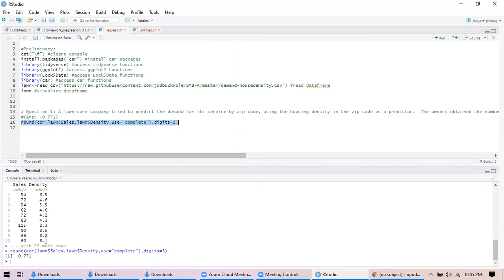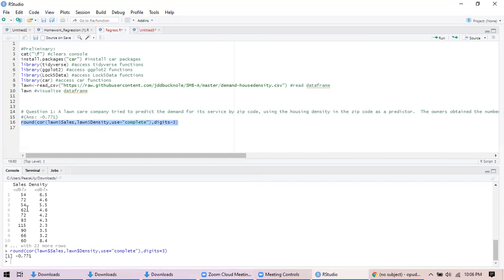Then it's decreasing, right? And look at your sales. What is it doing? The sales fluctuate. But generally, what is it doing? Is it increasing or decreasing?